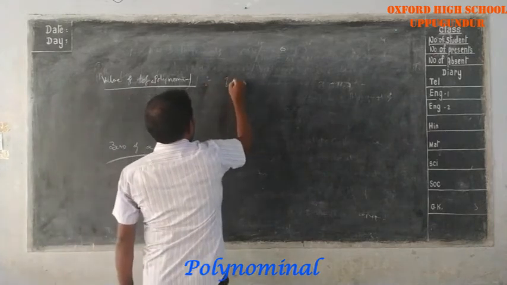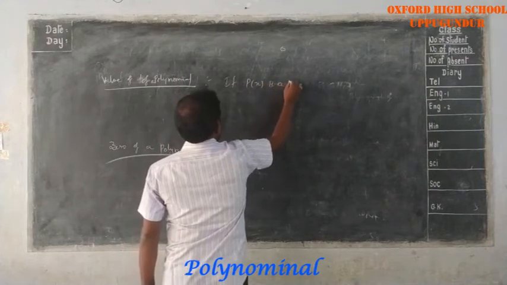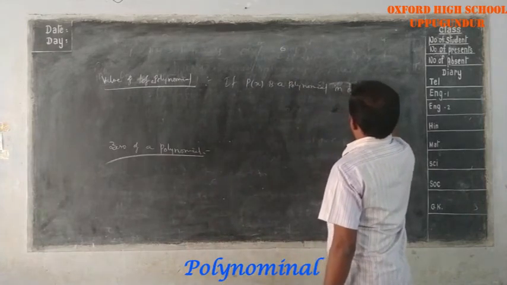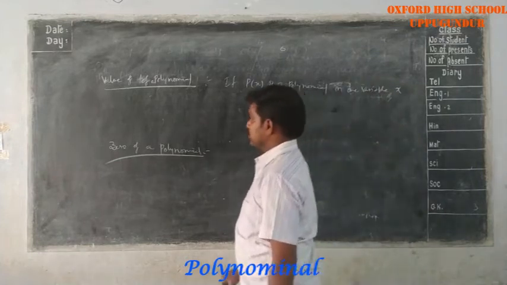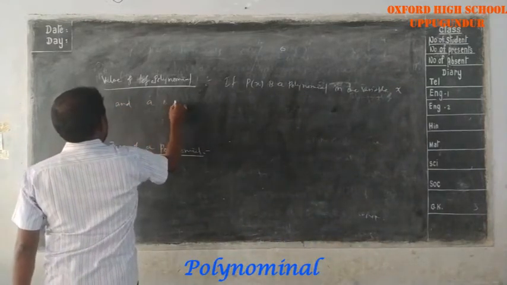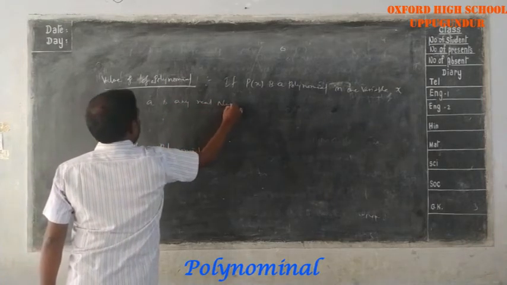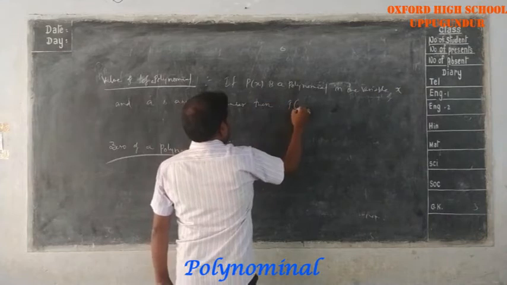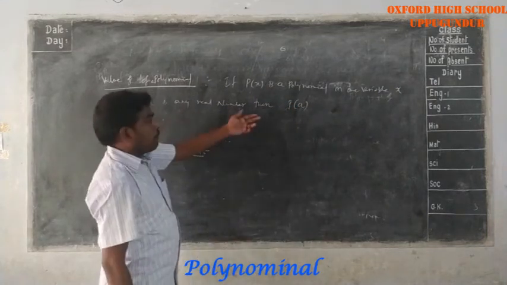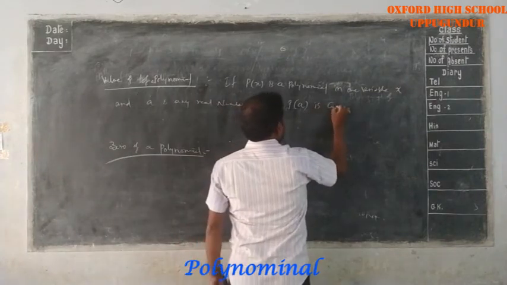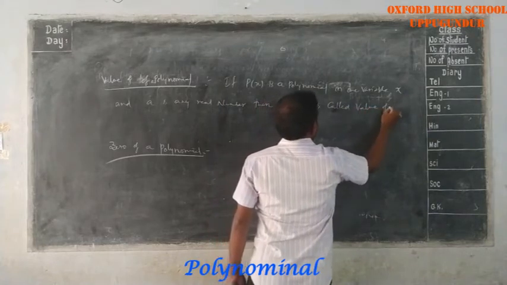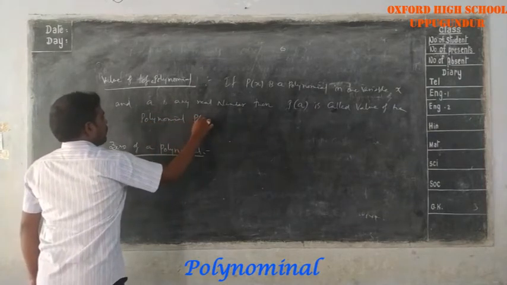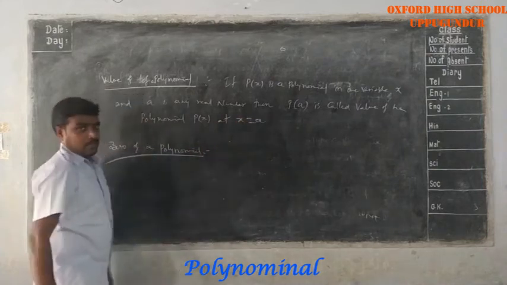So if p of x is a polynomial in one variable x and a is any real number, then P of a, in place of x we are replacing a, P of a is called value of the polynomial P of x at x equal to a.